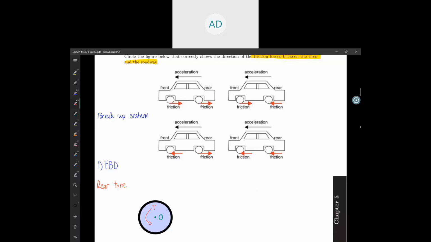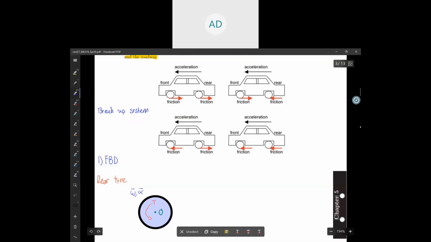And if we're going to be moving to the left, then this torque is going to be in the positive direction. So an accelerating car means that both the angular velocity and angular acceleration are in the same direction, and the torque that causes them is positive. Now let's consider which other forces we have.